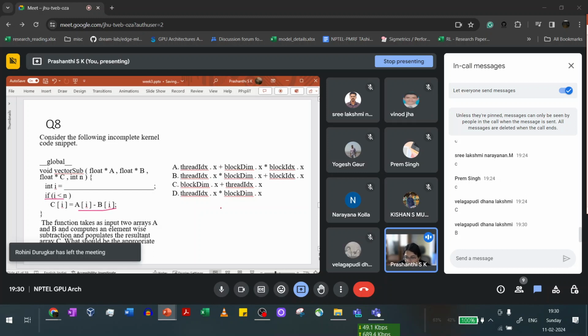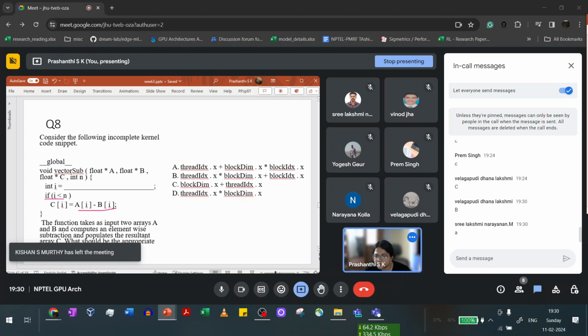So you have four options. You already have one answer saying B, but take a minute to think about this. We have one answer saying A. Okay. Pay careful attention to the stars and the pluses.